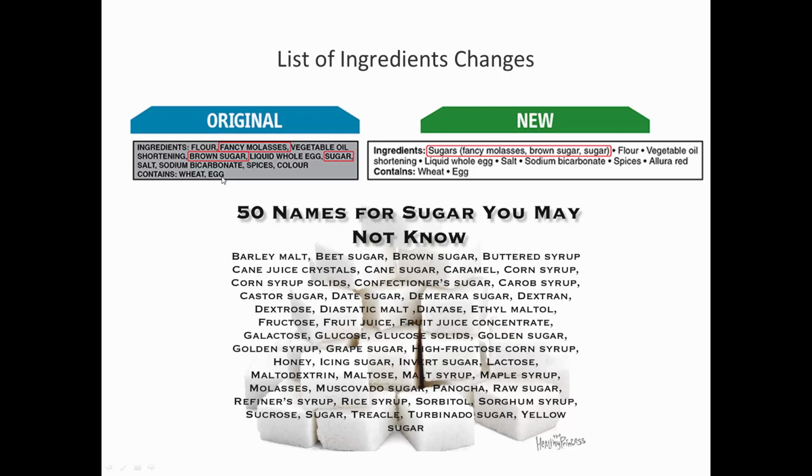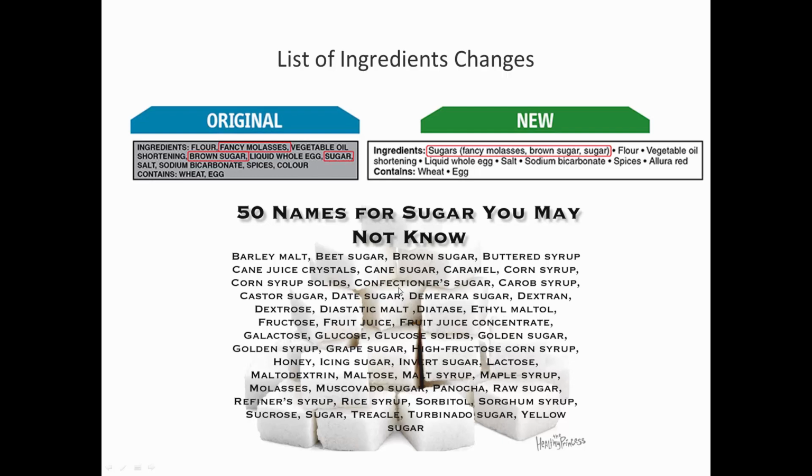Well, a product didn't want to have sugar as its number one ingredient. And so what they would do is they would break down the sugars into different components. So for example, in this product, it contains fancy molasses, which is sugar, brown sugar, and then regular sugar.